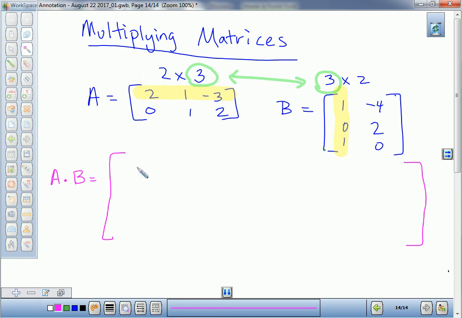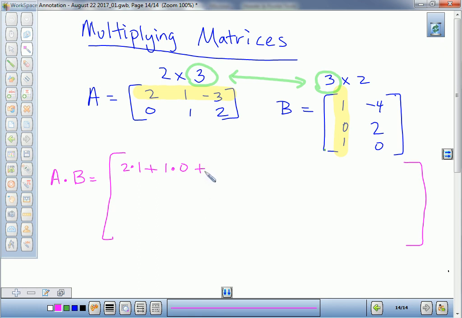And then this position 1,2 here gets multiplied by this position 2,1. So this times this, and then this gets multiplied times this.